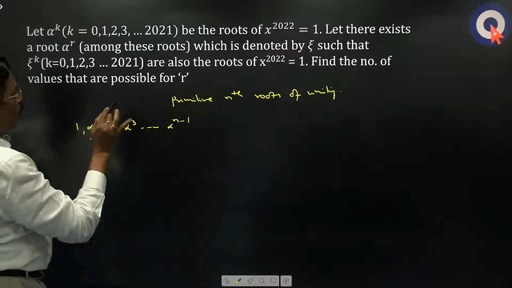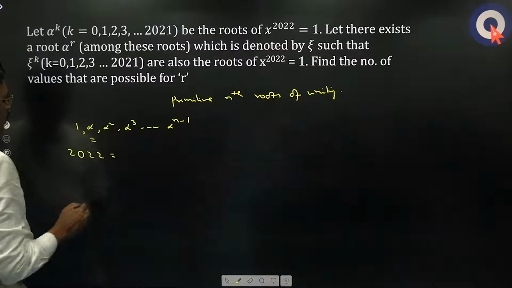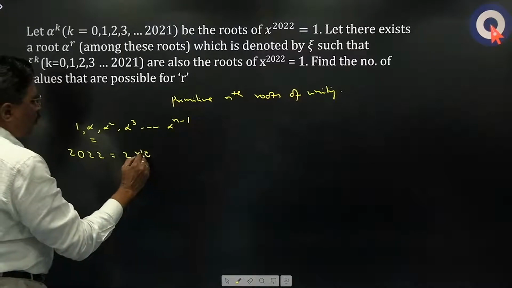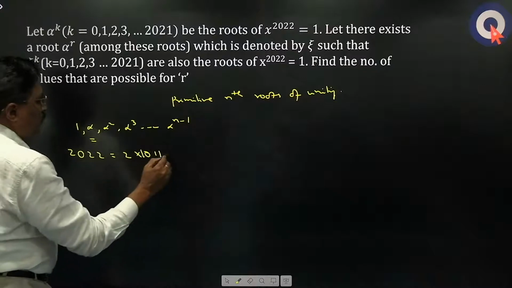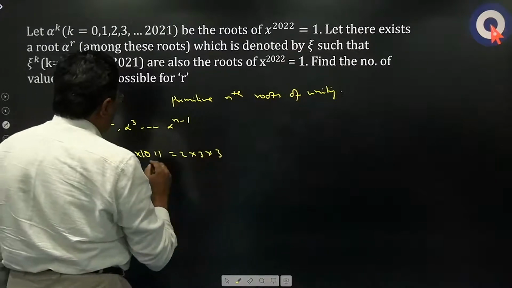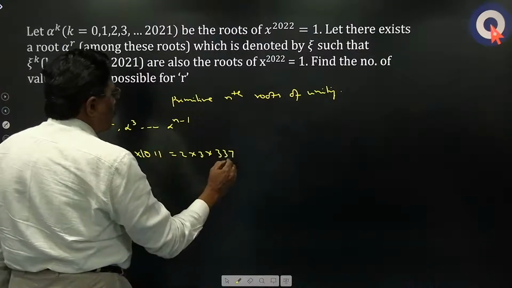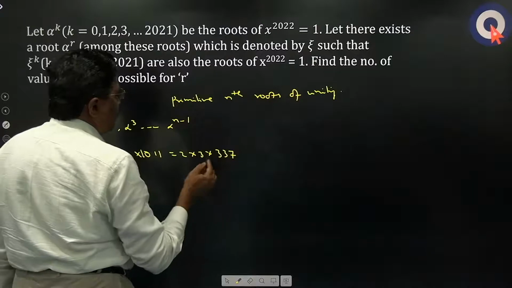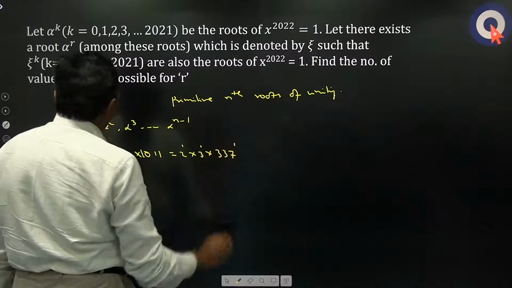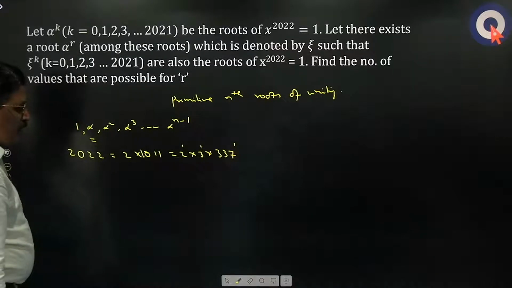You see, 2022, think of its prime factorization. 2 into 1011, which is 2 into 3 into 337, and 337 in this case is also a prime number. So the prime factorization of the given number 2022 is 2 into 3 into 337.